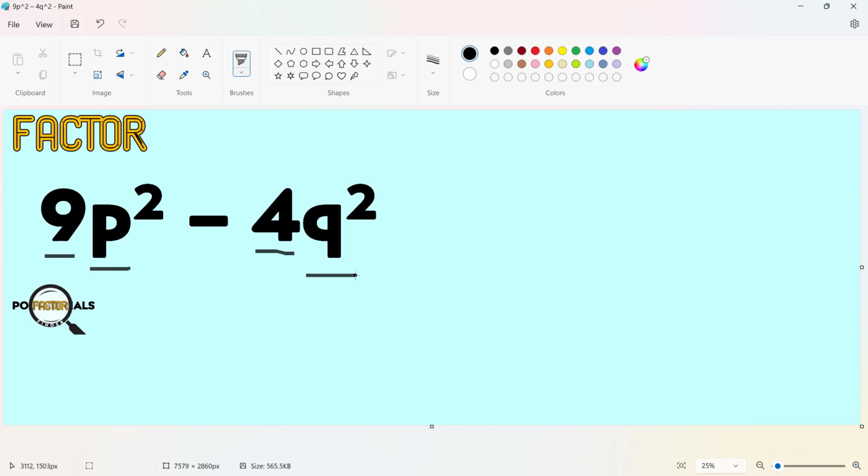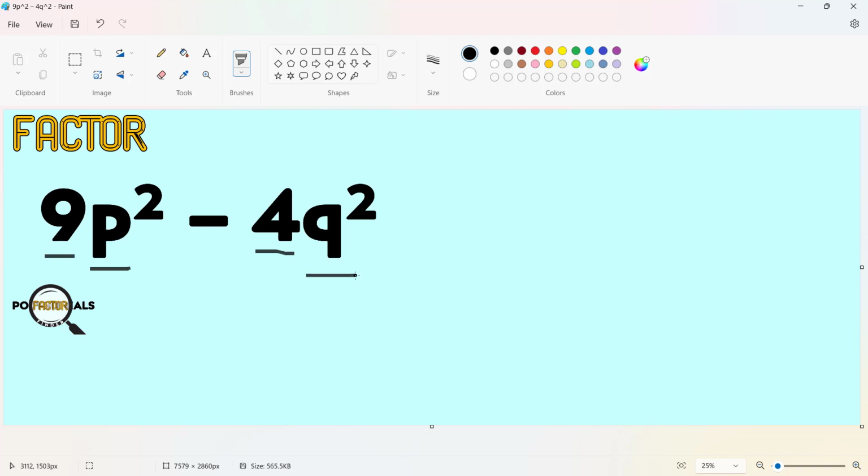This is a binomial. So there could only be 3 instances where we can factor it further, and 1 instance where we just copy this and end with the result. So we are going to examine whether this is a difference of two squares, difference of two cubes, or sum of two cubes. The first thing you need to do is look at the literal coefficients.